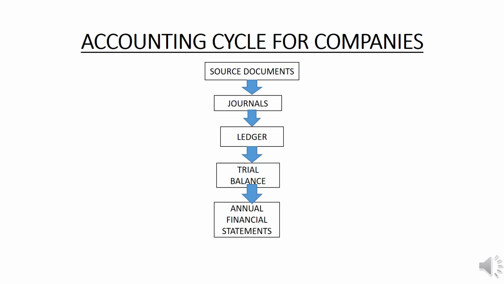Then if you total or close off that account, you get your balance carried down. From your balance carried down, you will also get what? Your opening balance for the next month, because it is a closing balance at the end of the month and an opening balance for the month to follow.